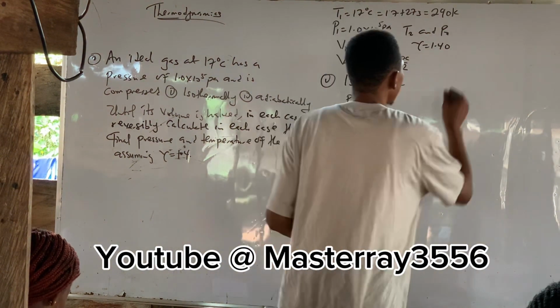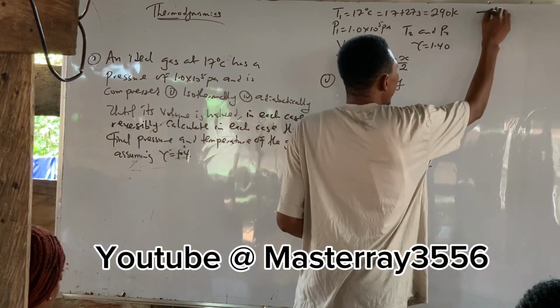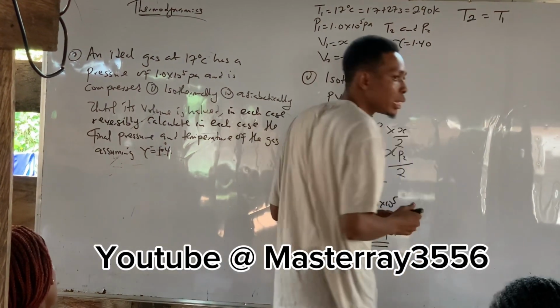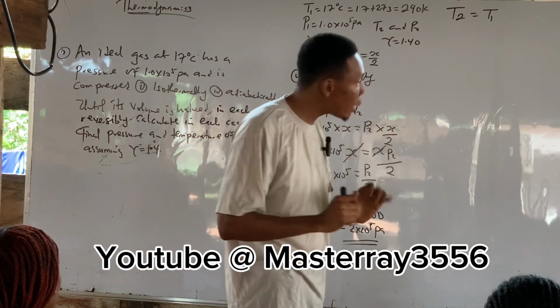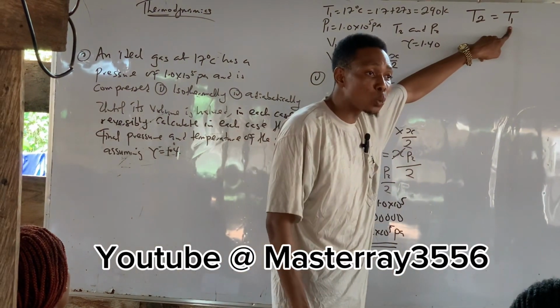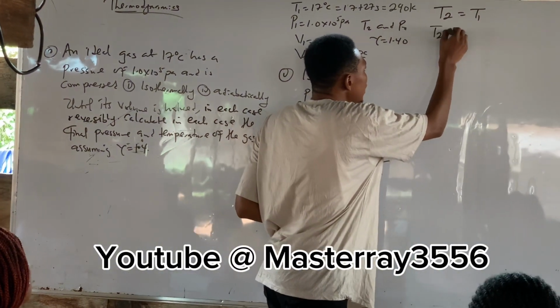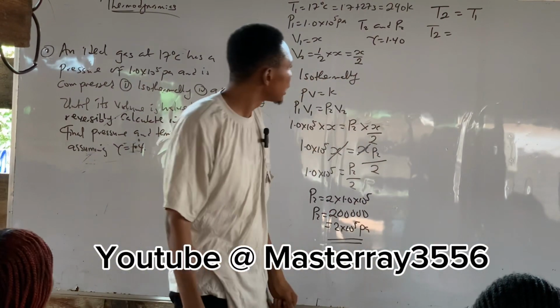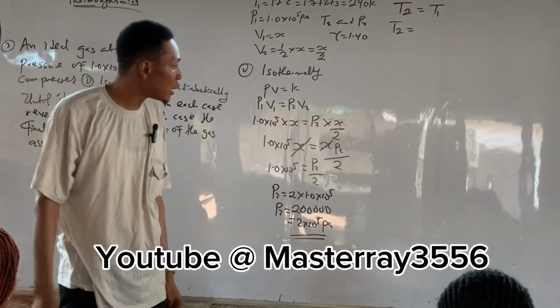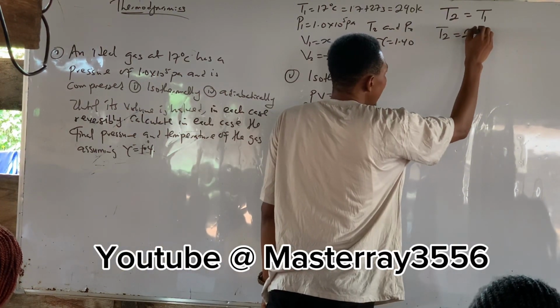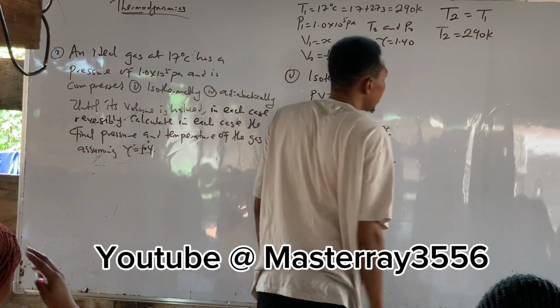So this time around, don't forget our T2 is T1, is it not? Isothermal, T2 is the same thing as T1. So our T2 is equal to T1, which is 290 Kelvin. All right.